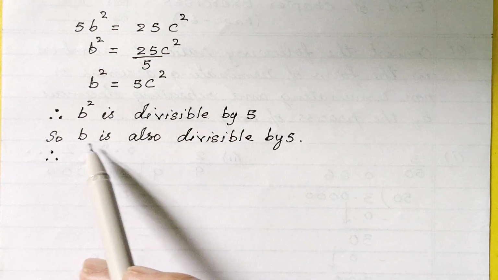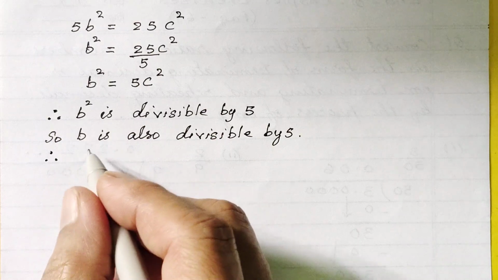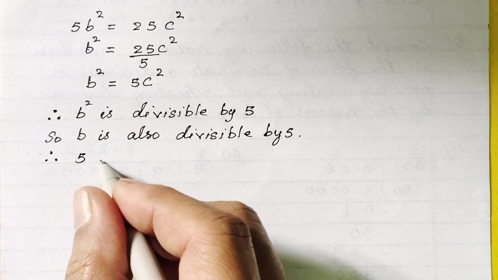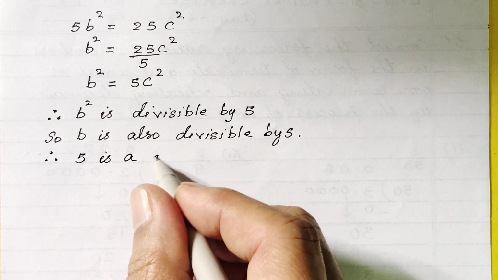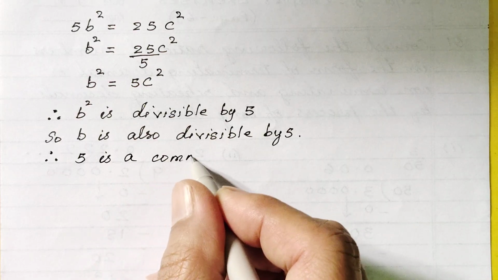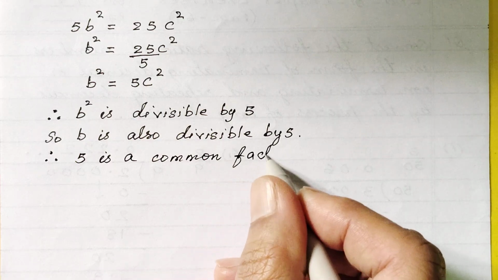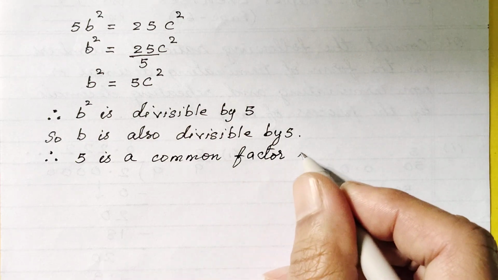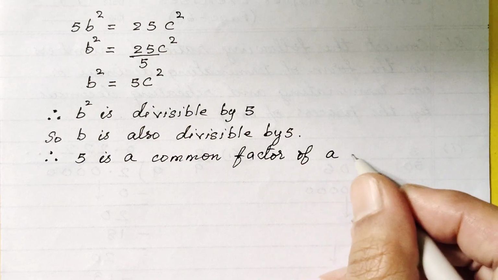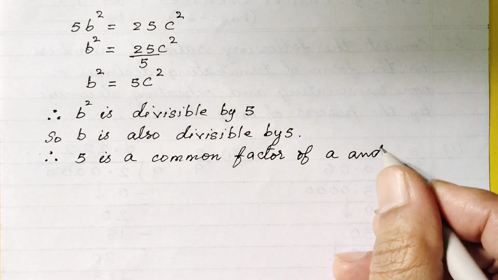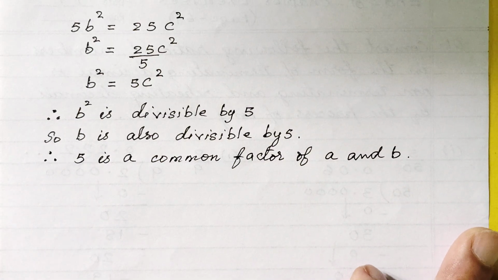So therefore 5 is a common factor of a and b.